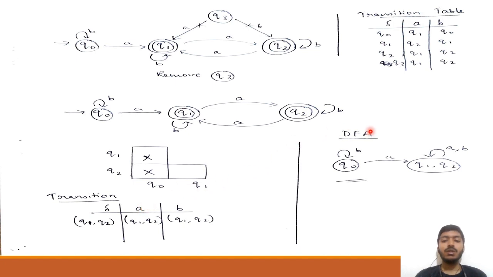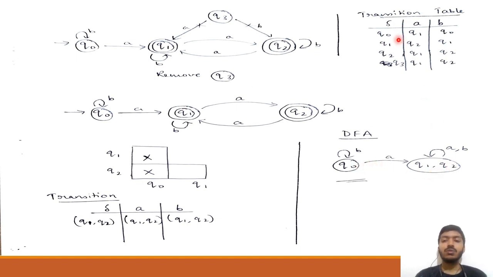Now we create a DFA accordingly, with Q0, Q1 and Q2, because Q3 was a non-reachable state and we had removed it. Q1 and Q2 are taken as common because this pair is not marked. So Q1 and Q2 are common, and Q0 is the different state, or shall I say distinguishable state. Q1 and Q2 are the non-distinguishable states. Q0 on attaining A goes to Q1, and Q0 on attaining B comes to Q0 itself, so we have shown it as a self loop.